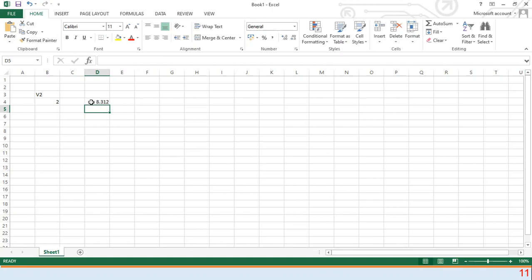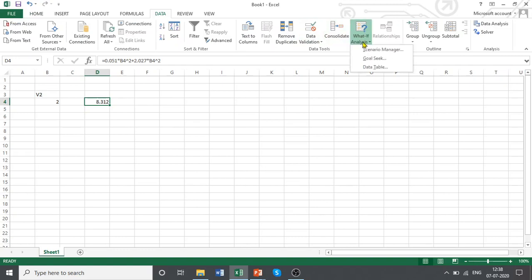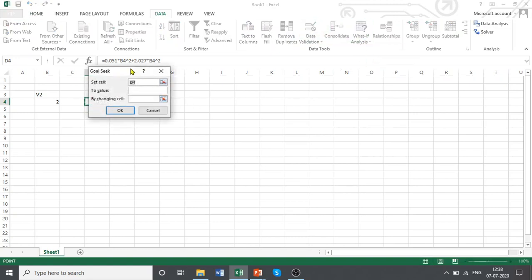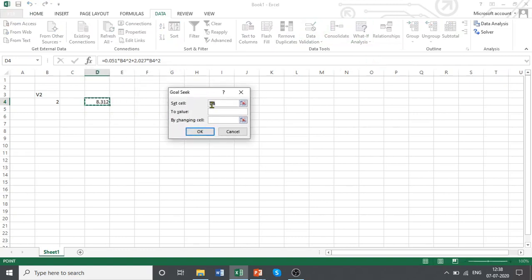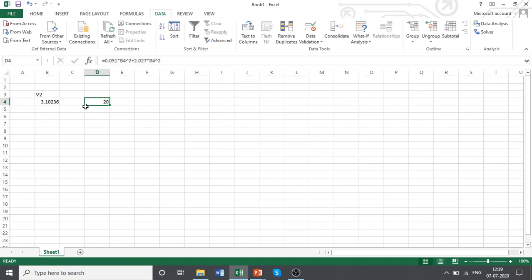And what we want this value to be is 20, equal to H1. So what we can do is go to Data, What-If Analysis, Goal Seek. We are going to say that the value of that formula has to be 20, and we want to change this value of V2 to do that. Okay. So it has found that the value of the formula is 20 and the corresponding velocity required is 3.1 meters per second.